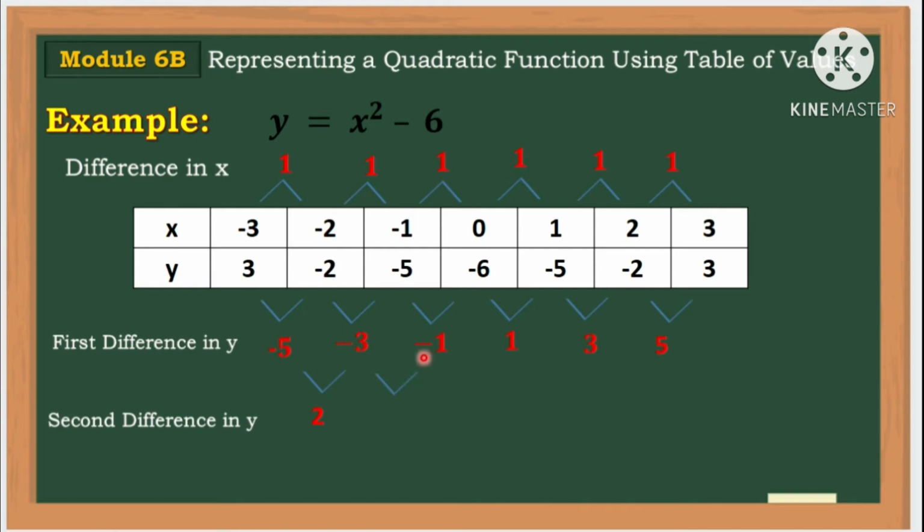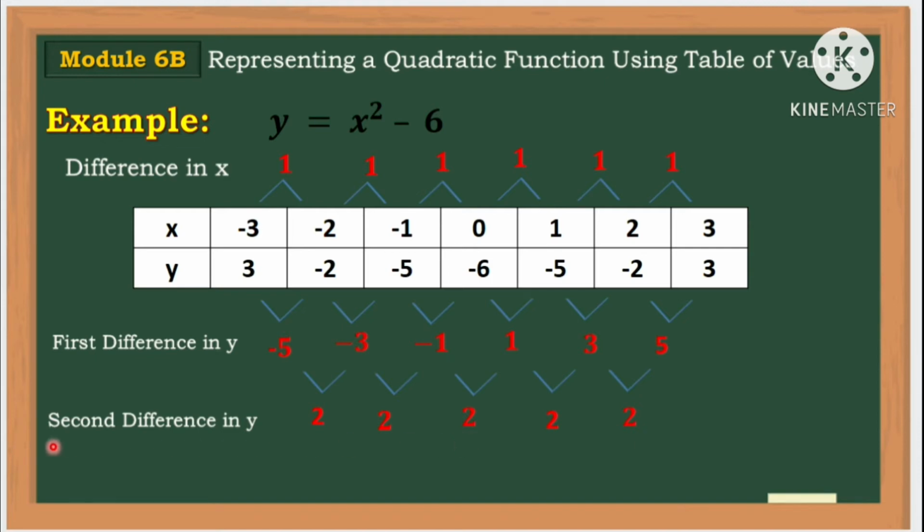Next, negative 1 minus negative 3 is equal to 2. 1 minus negative 1 is equal to 2. 3 minus 1, the answer is 2. 5 minus 3, the answer is 2 also.